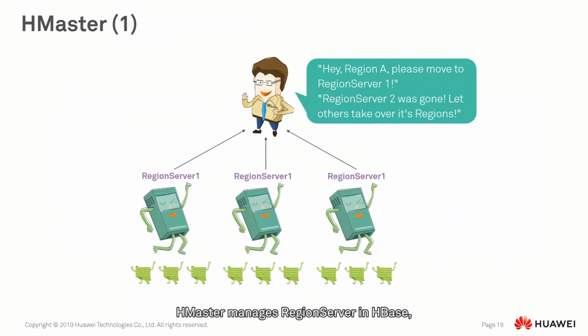HMaster manages region server in HBase, including create, delete, modify, and query of a table, balances the load of region server, adjusts the distribution of region, splits region and distributes region after it's split, and migrates region after region server expires.